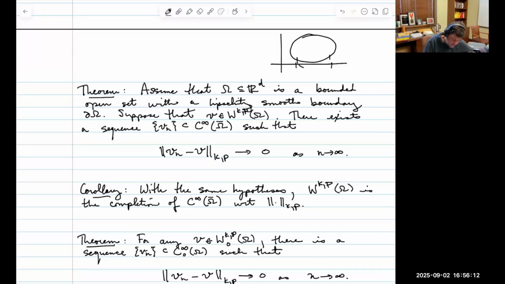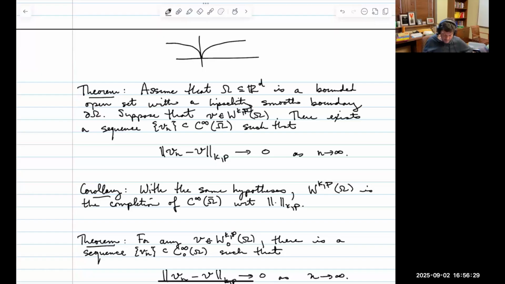But there are some functions out there which are not Lipschitz continuous, and let me exhibit one which is not. Let's take the square root function and add to that on the other side the square root of minus x.